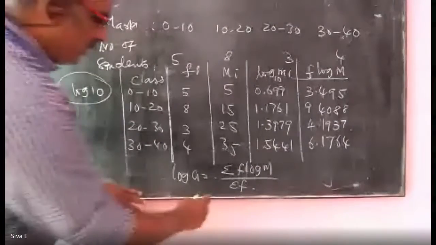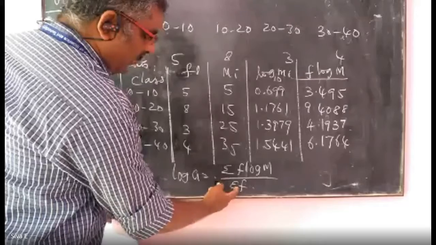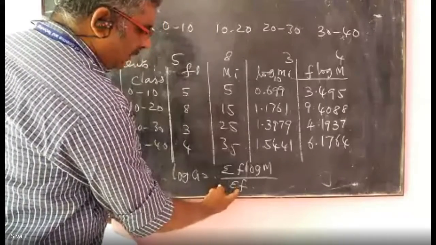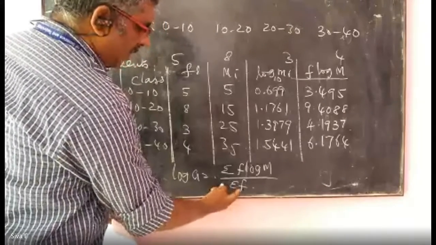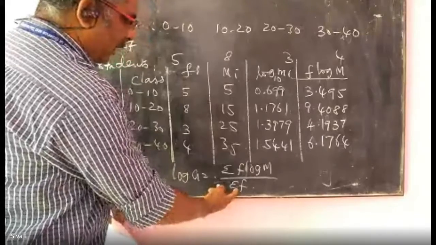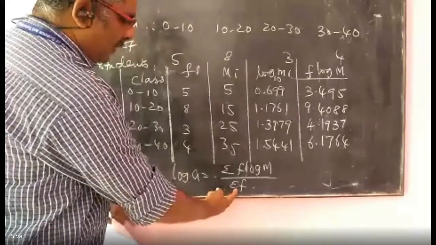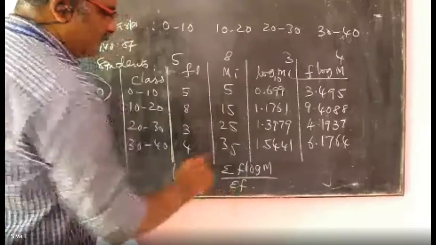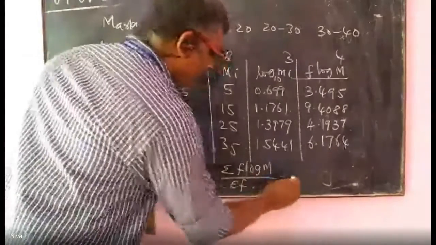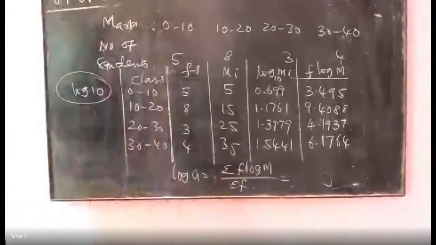I have written n in the formula, but don't get confused: here summation of f is capital N.